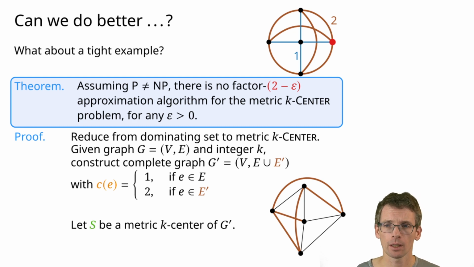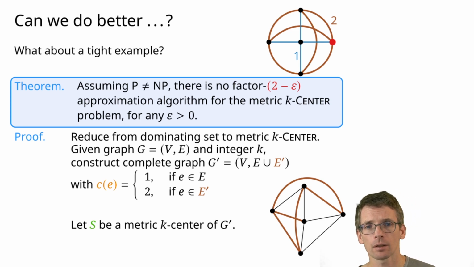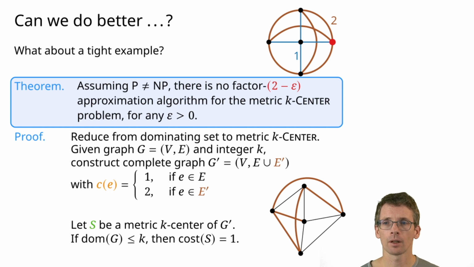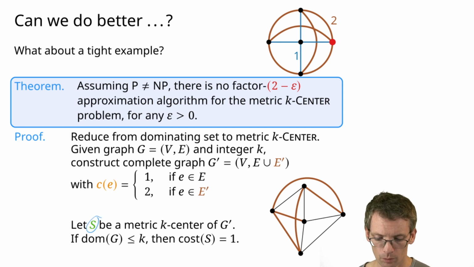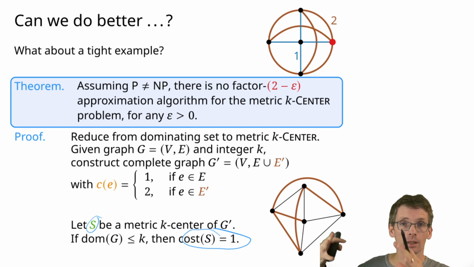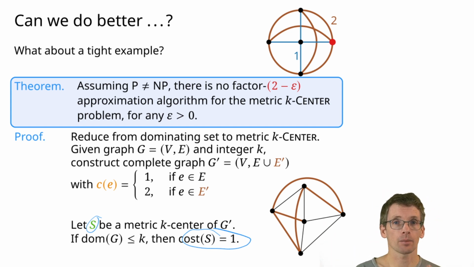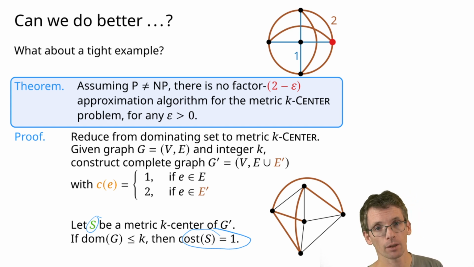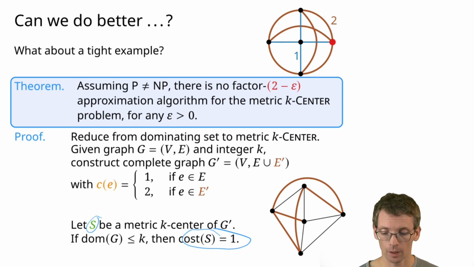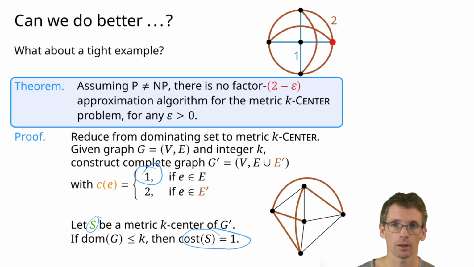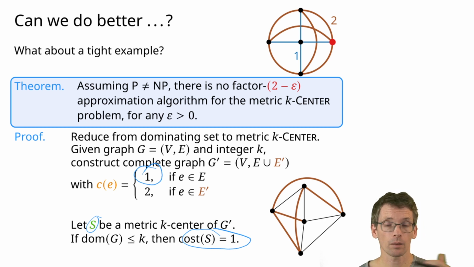More specifically, let's say I have a solution to the metric k-center problem in this graph G prime. If there is a dominating set in the original graph, then the solution with minimal cost will actually have cost 1, because I can simply take the dominating set in G as my solution, and because every one of the other vertices is adjacent to these vertices, every vertex has an edge of cost 1 to one of the centers, and therefore the clustering has cost 1.